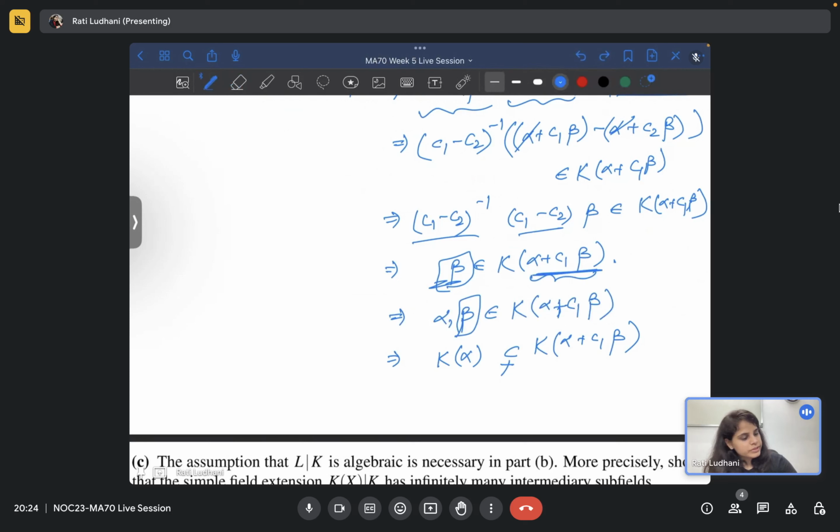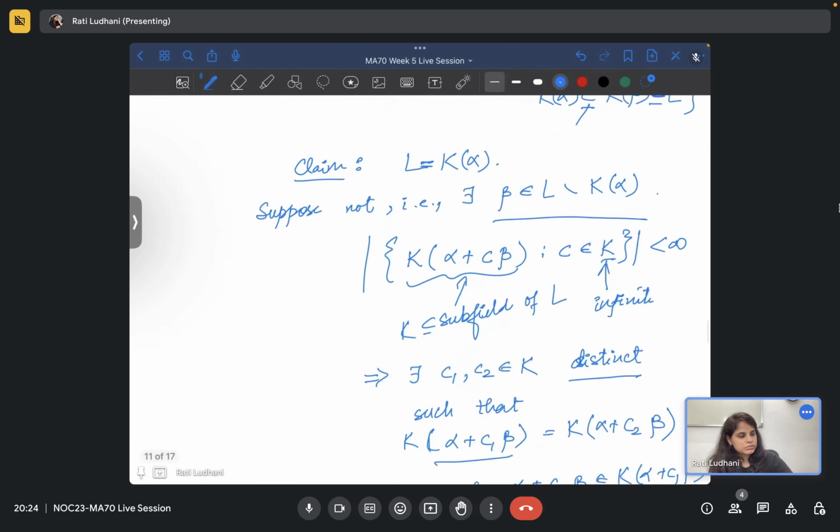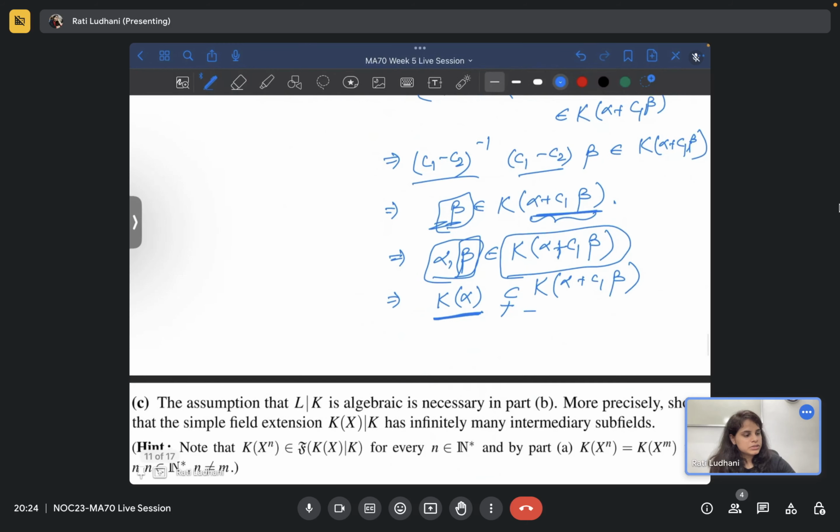So both of these elements are there in this subfield K(alpha plus c1 beta). So K(alpha) is there, and you know that beta is not in K(alpha). We assumed this condition, we started with beta not in K(alpha). So this is a bigger set, strictly bigger than K(alpha). This is a strictly bigger subfield.